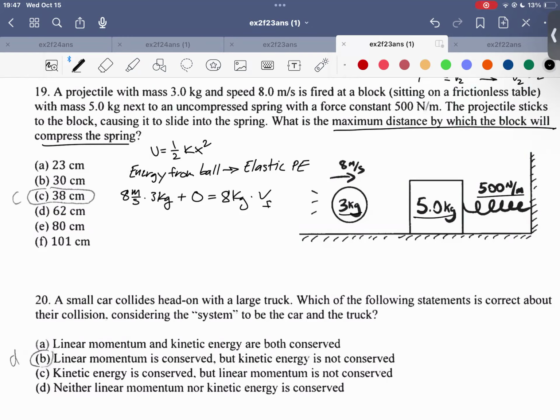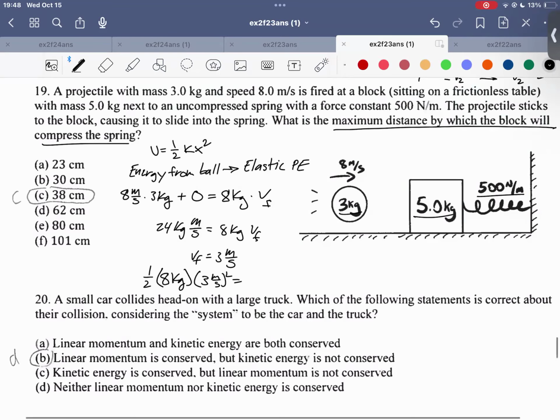Okay, and so just looking at this, we know this 24 kg meters per second is equal to 8 kg velocity final. Velocity final is equal to 3 meters per second. And since they're stuck together, we can use 8 kg as the total when we plug it into our kinetic energy equation, right? And so this gives us 36 joules, right?